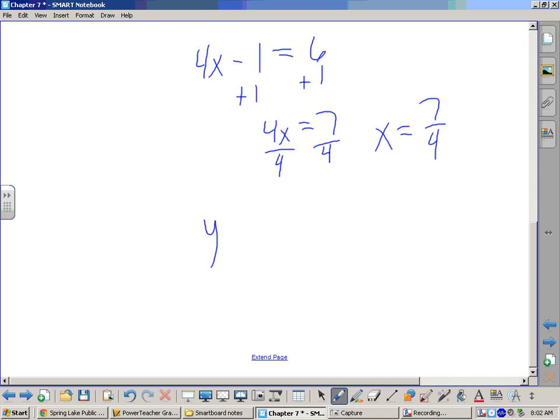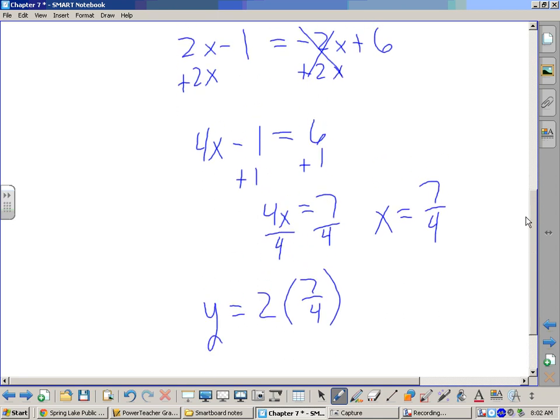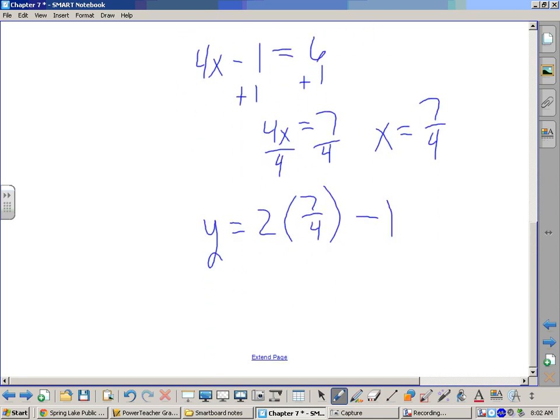So y equals 2, and then instead of writing x, I'm going to write 7/4 in parentheses, and then I'm going to subtract 1. So I have to multiply first, so I'm just going to put that over 1 so I can multiply it. 2 times 7, 14, over 4 times 1.